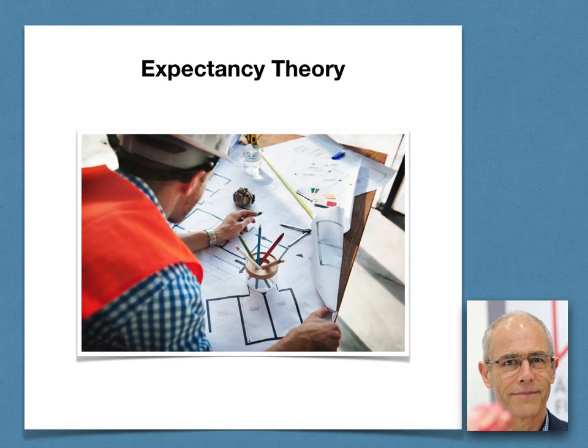The underlying basis of expectancy theory is that people are influenced by the expected results of their action. It assumes that behavior results from conscious choices among alternatives, whose purpose it is to maximize pleasure and to minimize pain. It is probably the most widely accepted explanation of motivation.